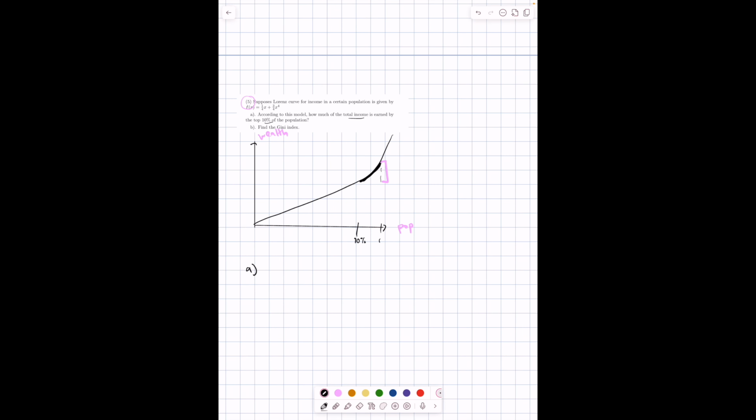So we need to find the 90% first and then subtract it from 1. So 1 minus f of 0.9, which is 1 minus 1/4 times 0.9 plus 3/4 times 0.9 to the 4th, something like that. Okay, so this is 0.225 plus 0.492075.